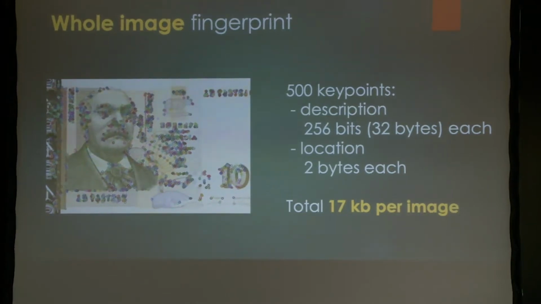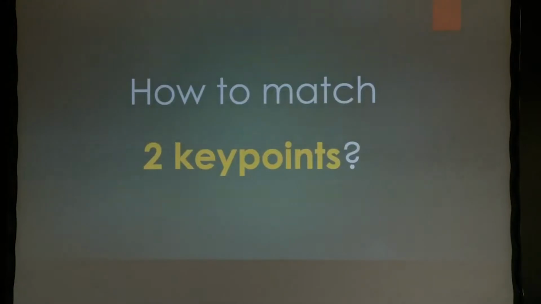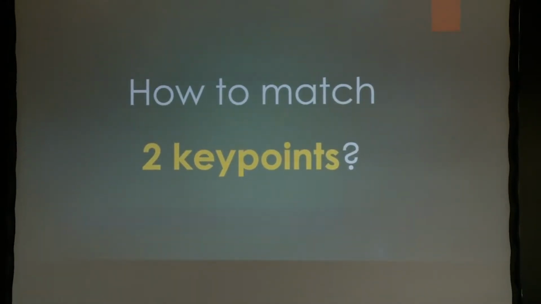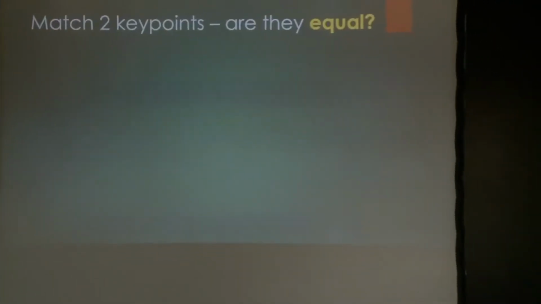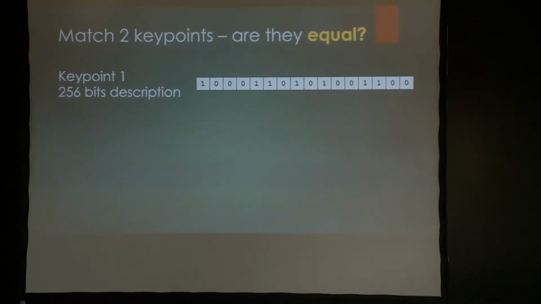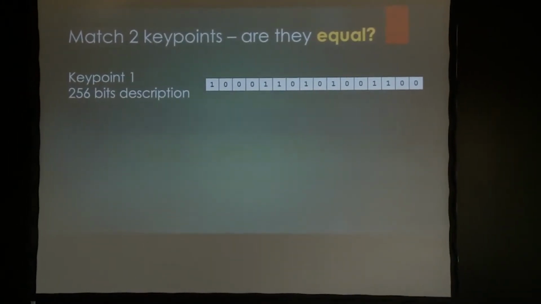That's our fingerprint. And how can we use that to actually match? If we have 2 fingerprints, how can we say if these 2 images are equal or not? Let's start with just the smaller part, just key points. If we have 2 key points, one from one image, another key point from another image, what happens there? Let's say that this is one of the key points, 256 bits.